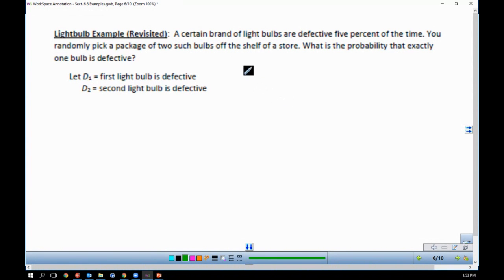So let's call it E. No, wait, is this, you multiply 0.95 times 0.05 plus 0.05. Well, if the first one's defective, do I want the second one to be defective?